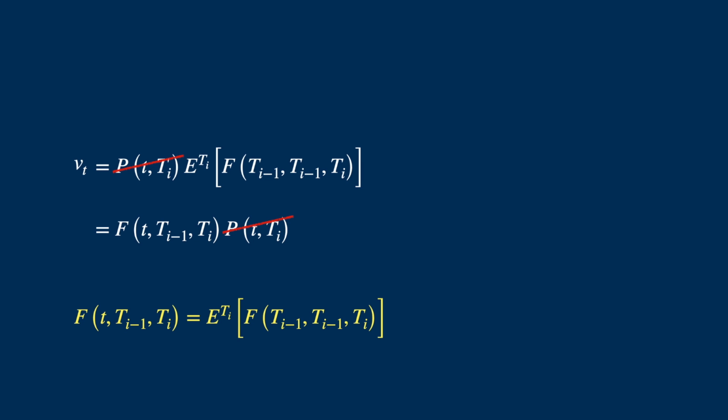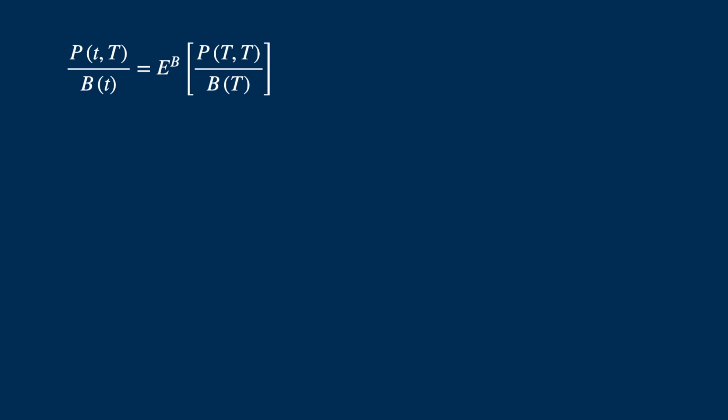For the third example, we continue with the interest rate, and now we consider the instantaneous forward rate. So it is like the simple forward rate, except that the length of the interval goes to 0. So we will have the zero coupon bond of maturity capital T, and we recall our risk neutral valuation. We can shift the B to the right hand side, and because it is known, we can take it inside the expectation.